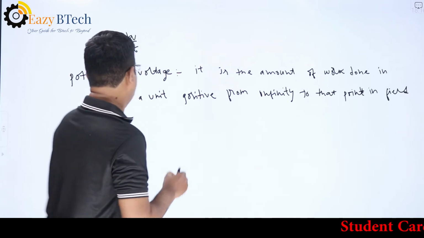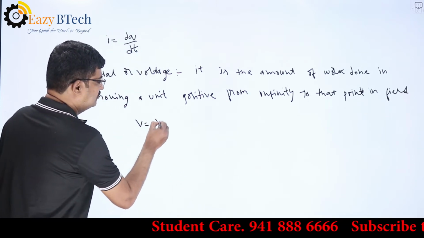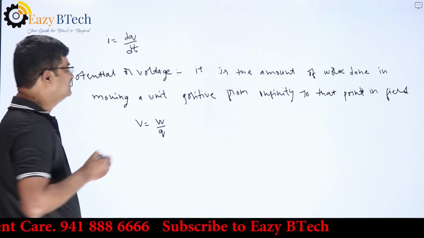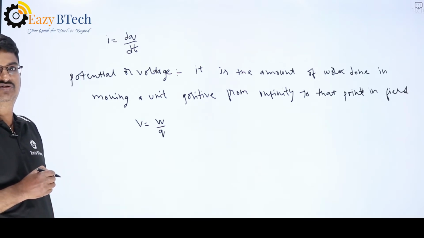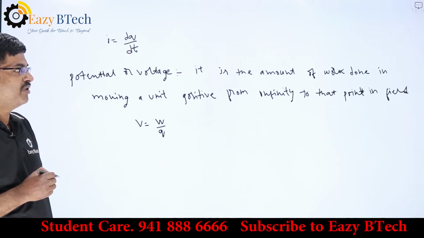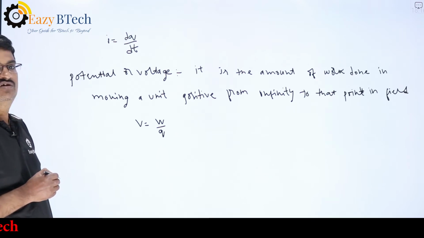So simply I can write V is equal to W by Q, where V is the potential or the voltage. V is equal to W by Q.